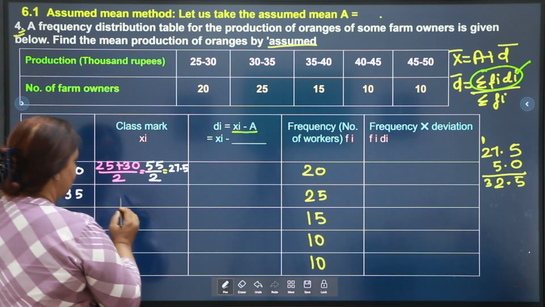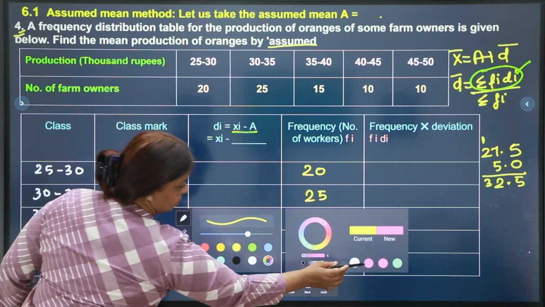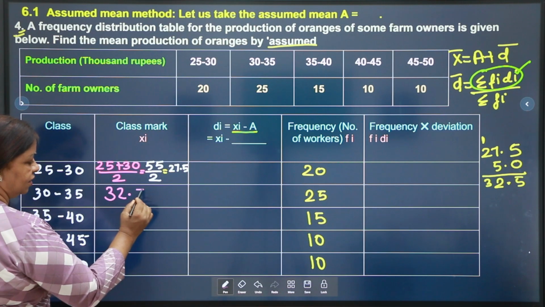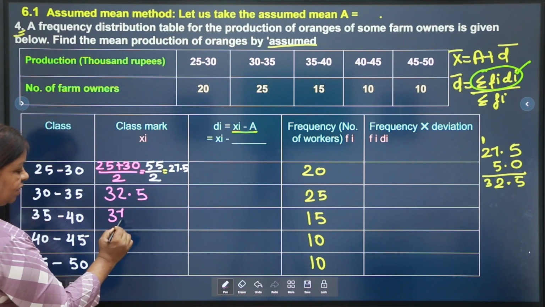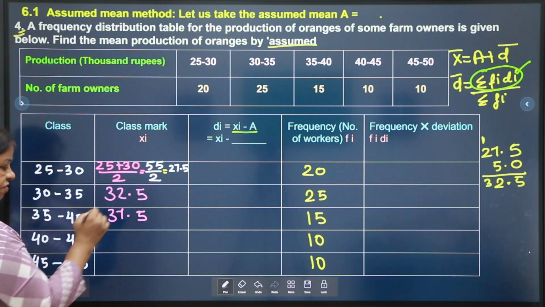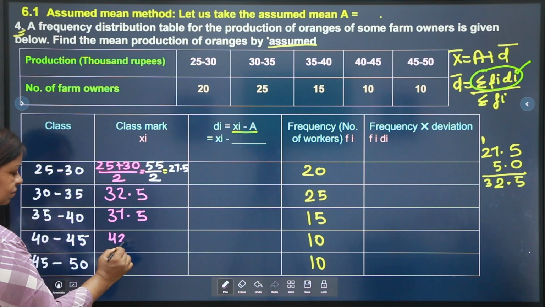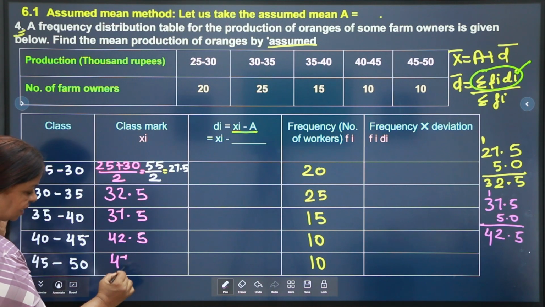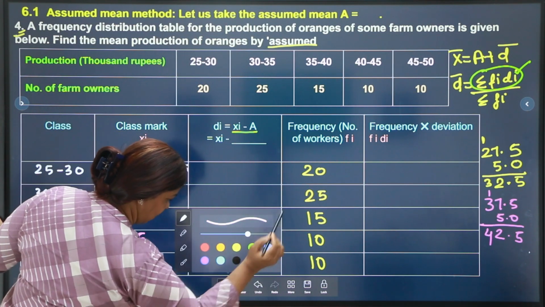Okay. So here it is. 32.5, add 5 again, 37.5, add 5 again, 42.5. See, now add 5 again, 47.5. This is your class mark.